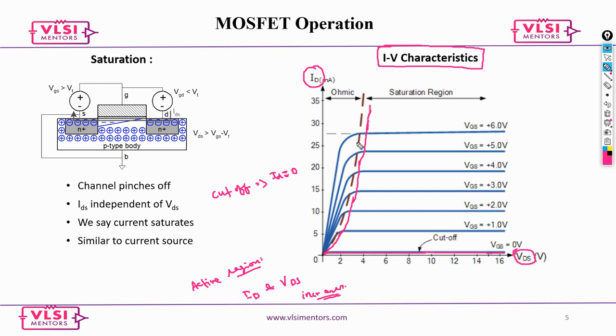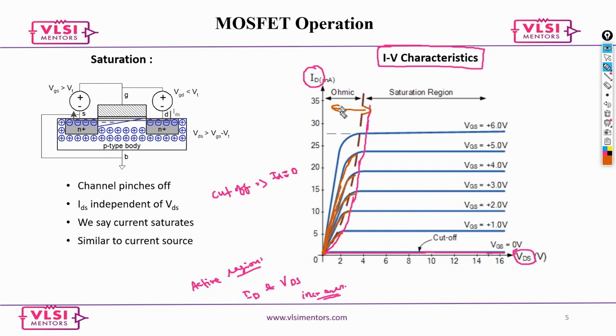In this, your VD is increasing and your ID is also increasing.